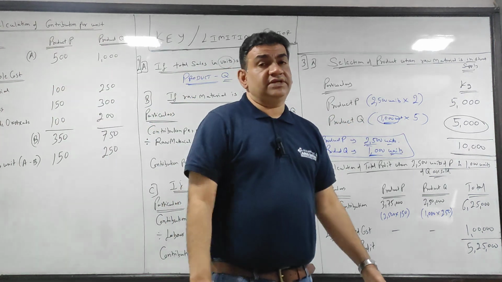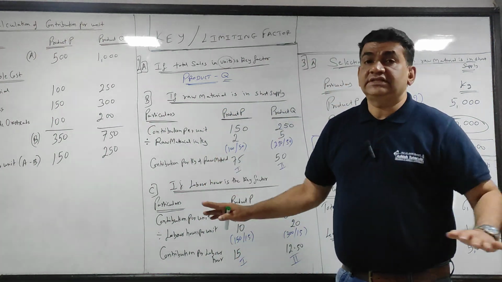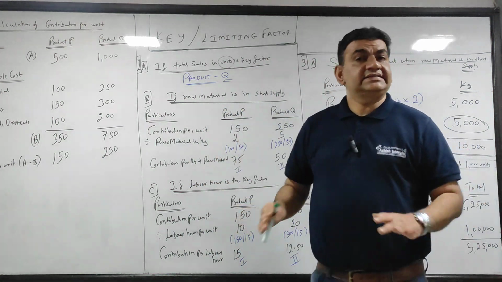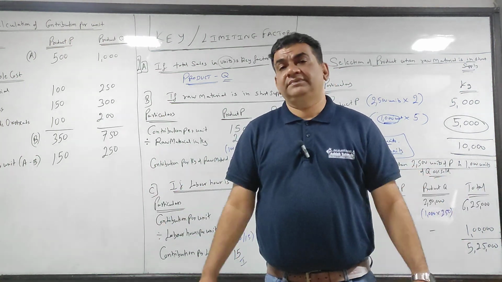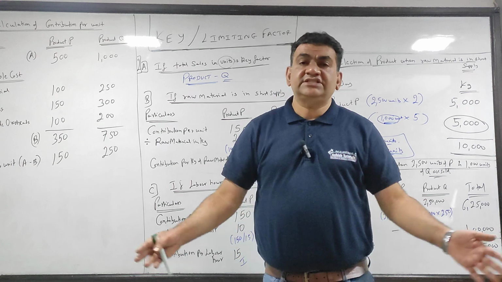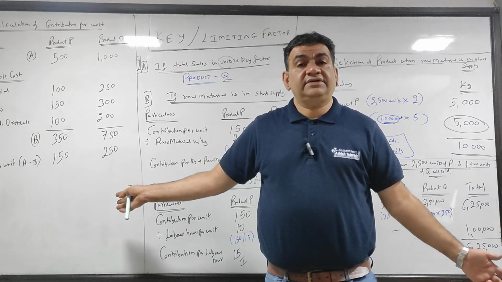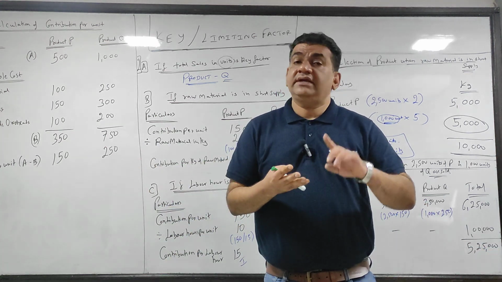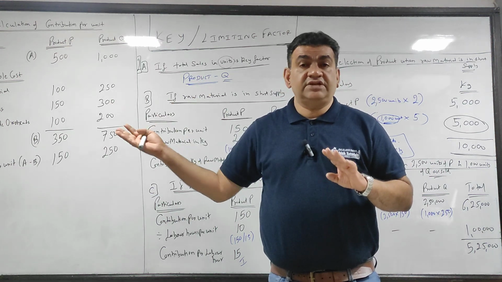This was the concept. आगे जाके थोड़ा बहुत variations आएगा, but then this is the main base. If you get this key factor का sums में, you will not face a problem. So that's it, guys. In this session, I've just taken one variation, that is key factor. Open videos में I've done 5 variations of decision making.